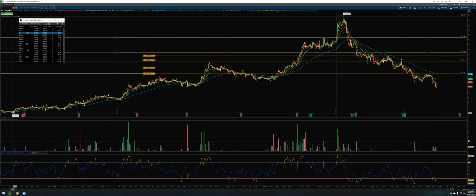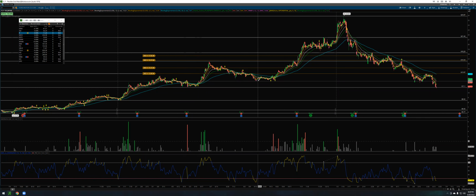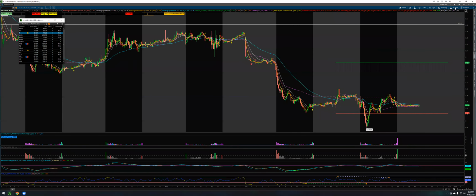Valley, I have a valley on the low, another valley here, another valley here, another valley here, one more here. And we have another one here. Here we have another one. So you see, we already have it, right? Peaks and valleys. Next chart, hourly.